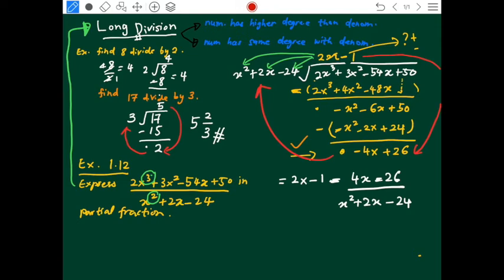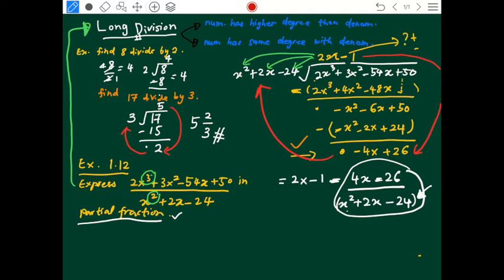Now, back to the question, to get the partial fraction we need to settle this part. You need to look at the denominator first, and from there choose the correct type of partial fraction component.